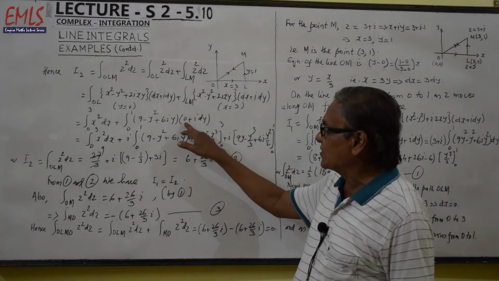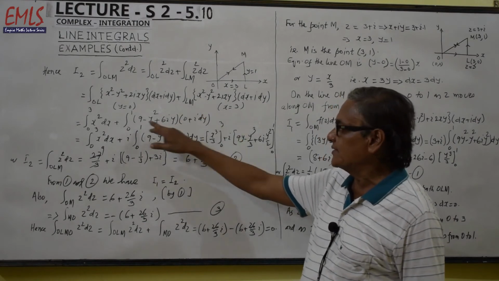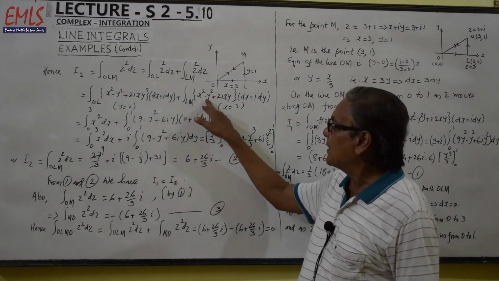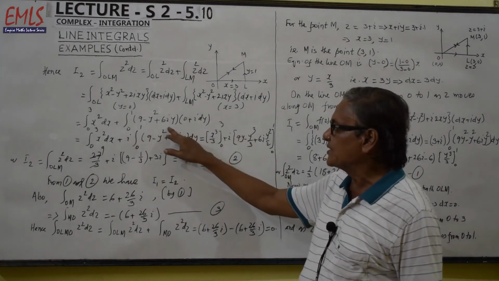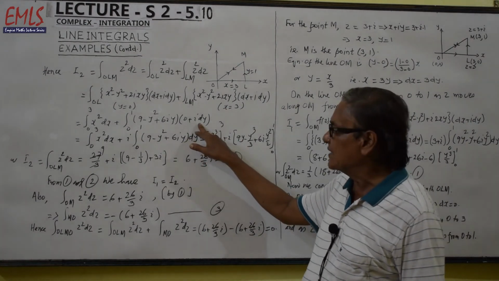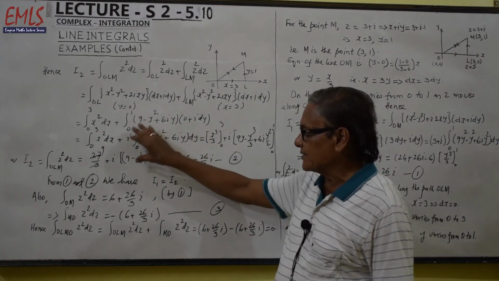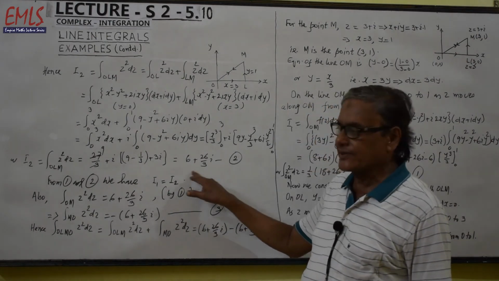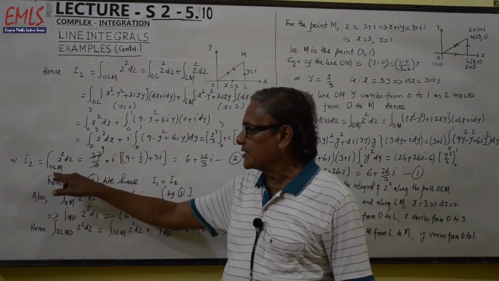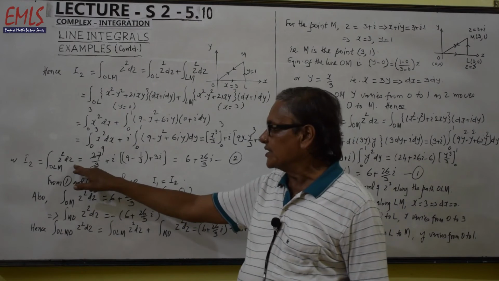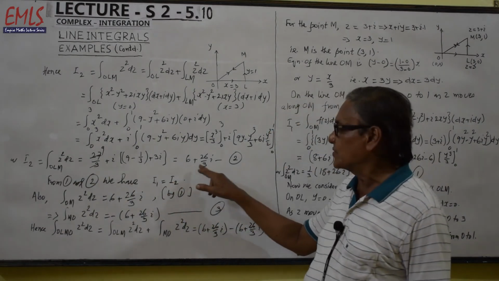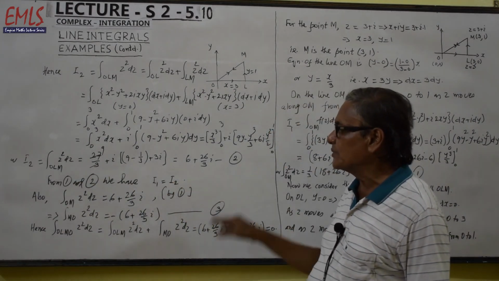So it is 3 squared, that is 9, minus y squared, plus 6iy, times 0 plus i dy. On simplification, we again get I2, the integral along OLM of z squared dz, equal to 6 plus 26 by 3 i. Call this equation number 2.